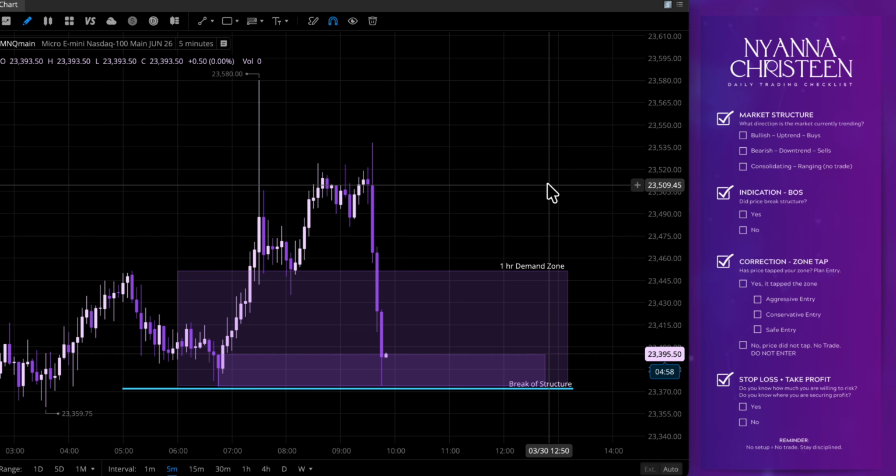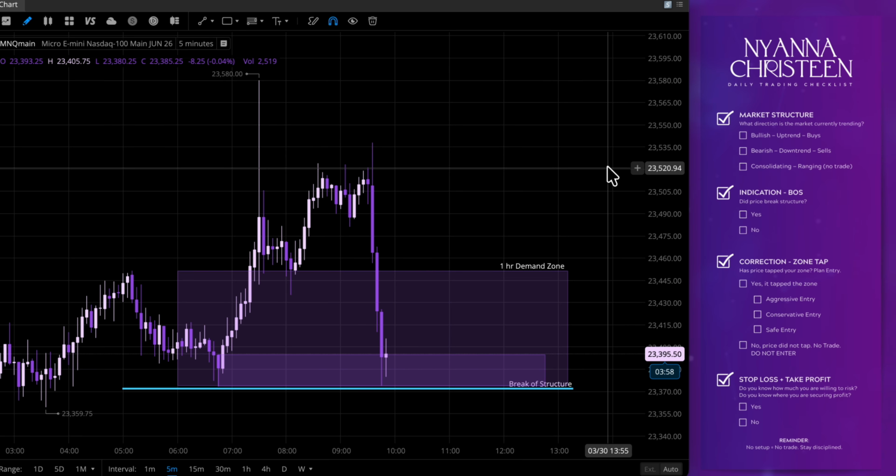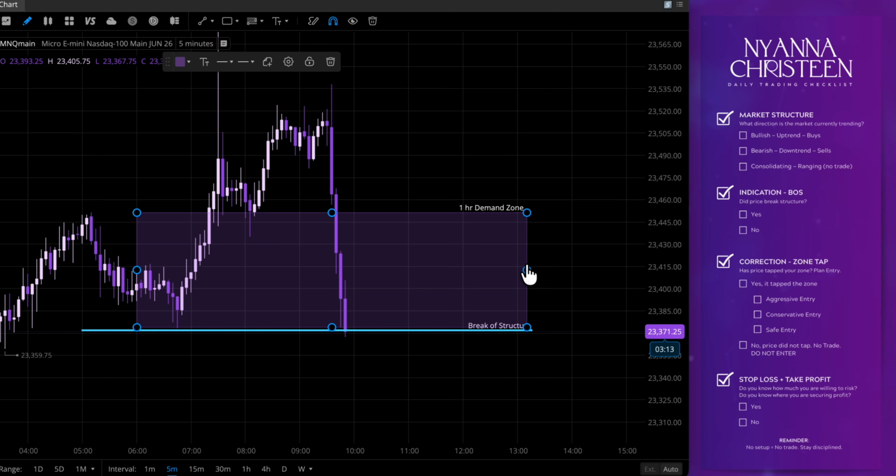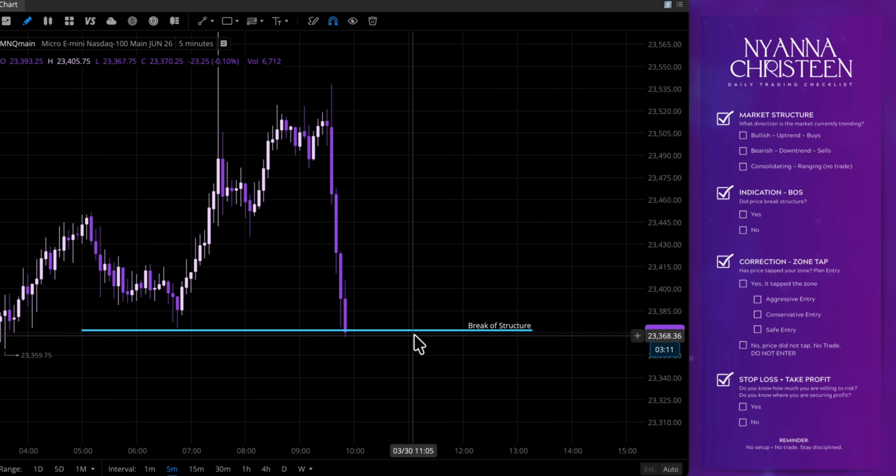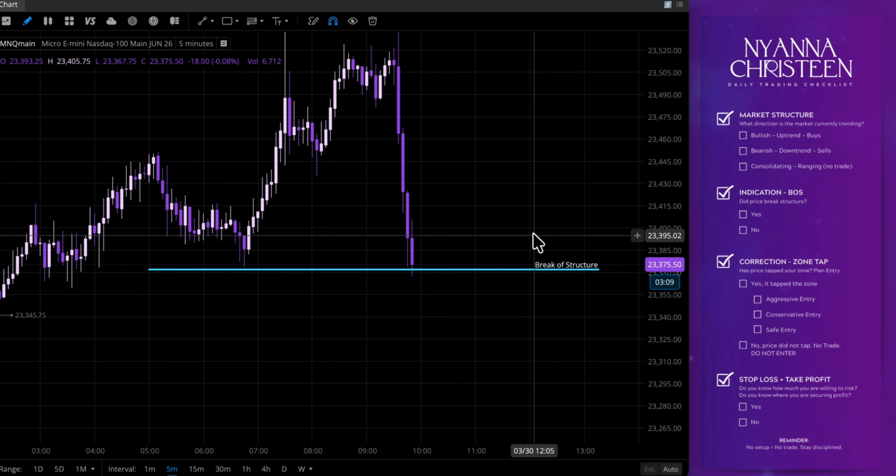It looked like it wants to close outside. Oh, no, it closed inside. Let's see. It needs to completely break the structure. There it is. So price wants to continue to the downside.